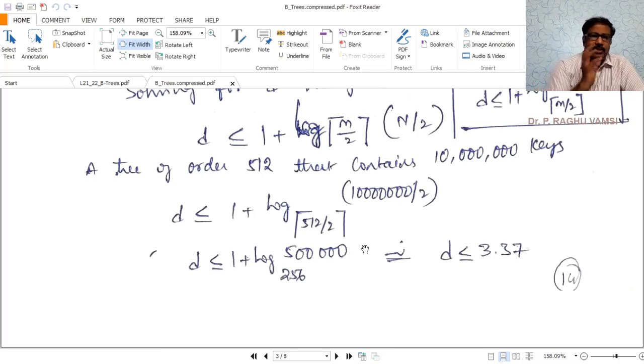So this is the core idea of the B tree. In the worst case also, we are going to get a very good result. But if the same 10 million records or elements are arranged in a binary search tree or AVL tree, then disk accesses are tedious and it will take a long time to access the disk.